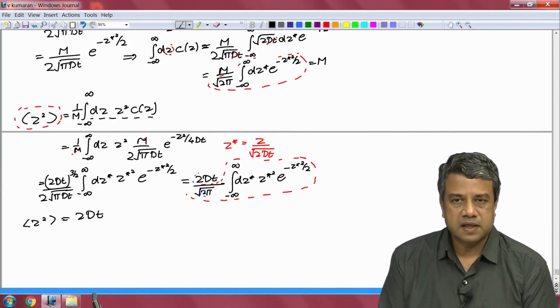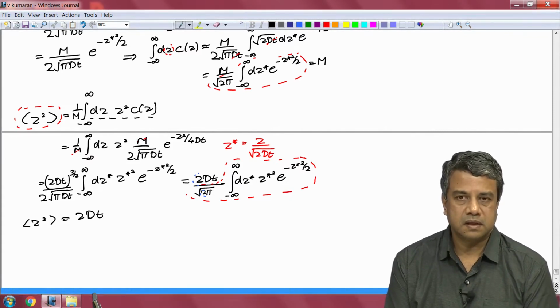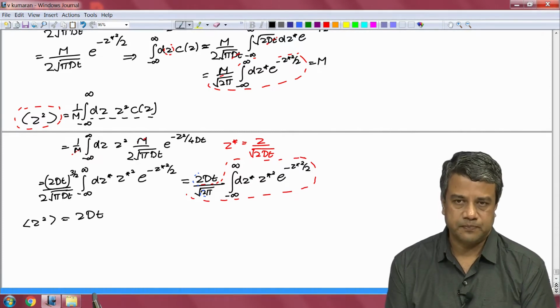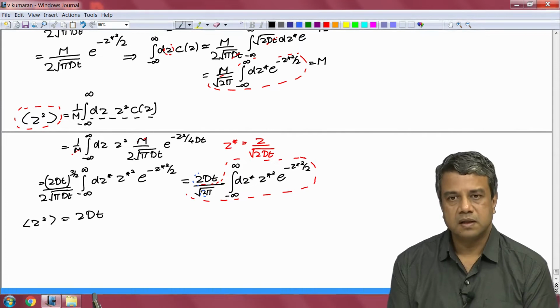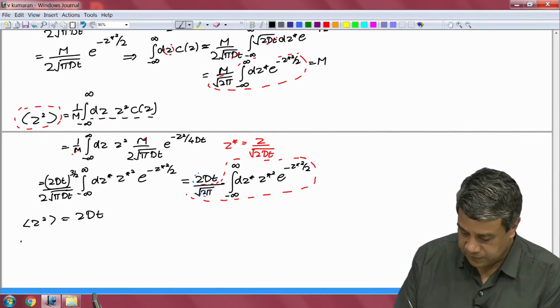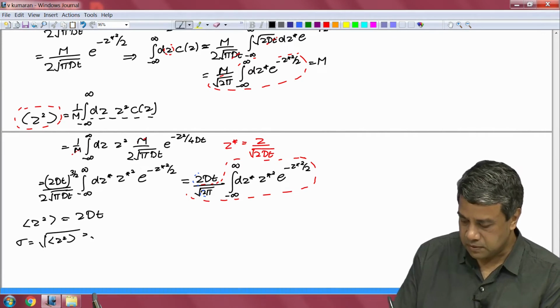So, the variance, or the square of the displacement from the center, increases proportional to time. So, z square increases as time. The square root of z square, that is the standard deviation sigma, is equal to root of 2 dt, that is the spread.